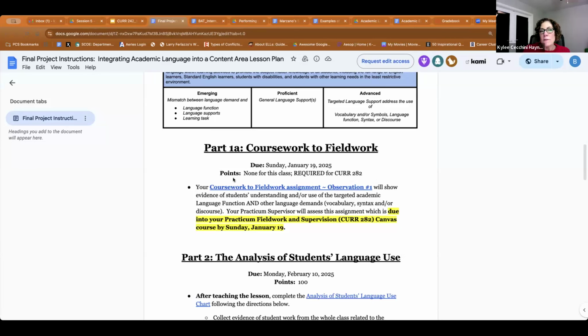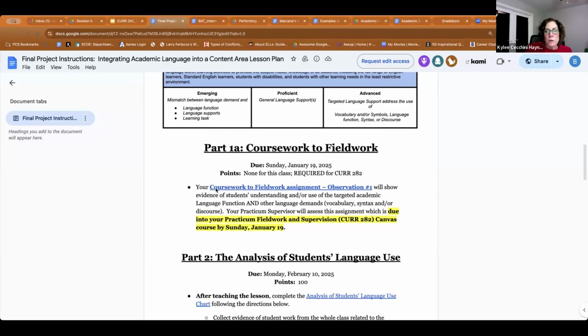In fact, I won't even be seeing this. This part 1A is not me. This is the coursework to fieldwork piece, and your field supervisor is involved with this.